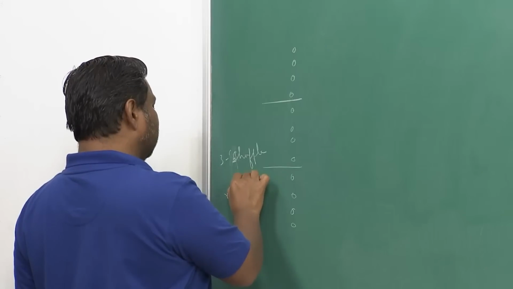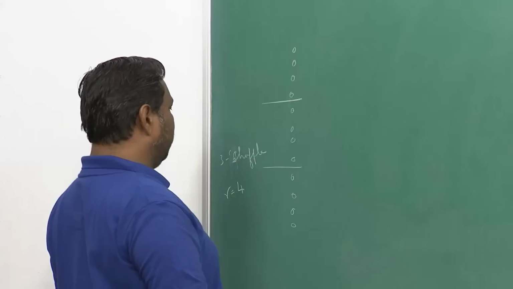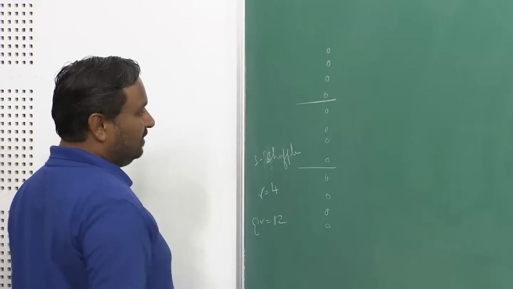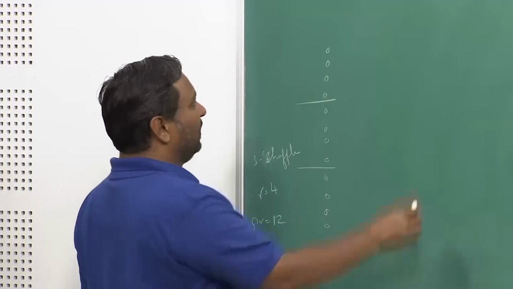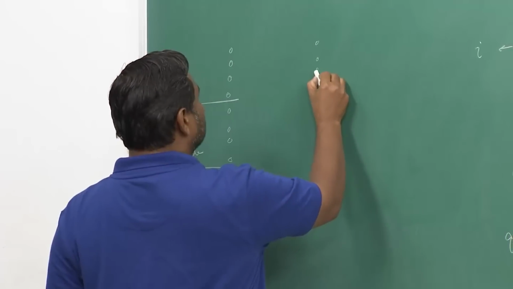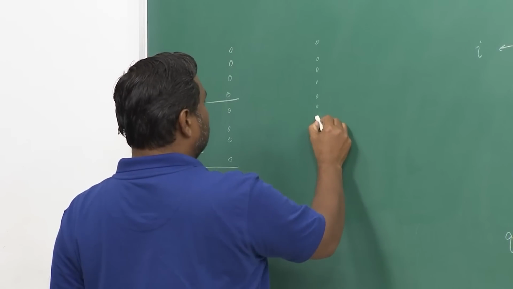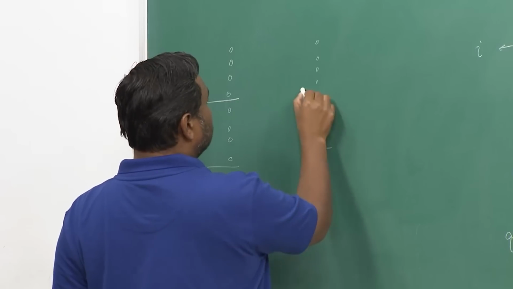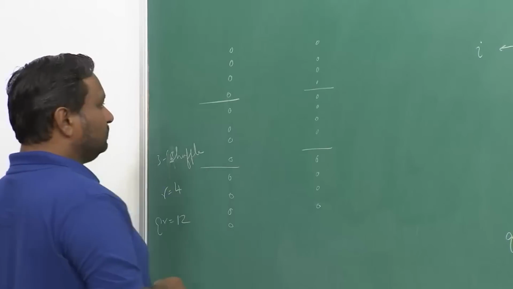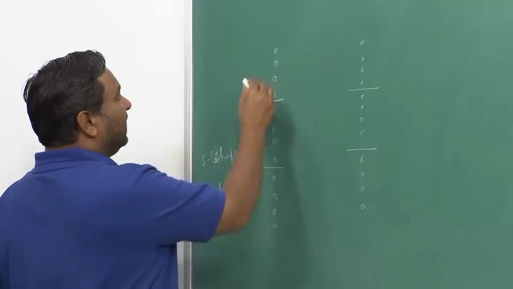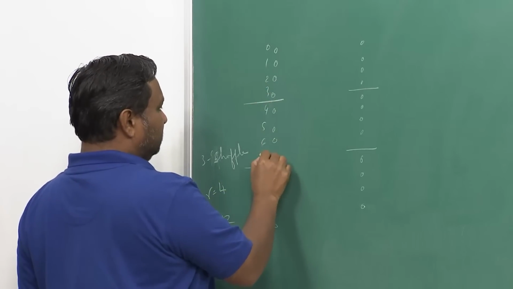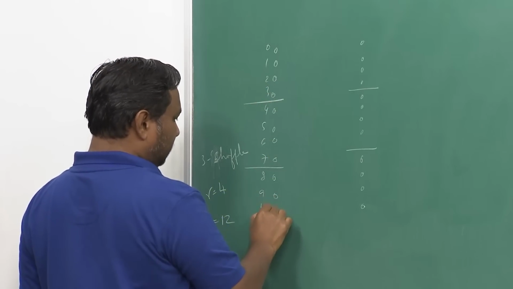So R in this case will be equal to 4, and 4 into 3, QR objects, will be 12, and I will be able to map it to again 12 objects. They are numbered again 0, 1, 2, 3, 4, 5, 6, 7, 8, 9, 10 and 11.